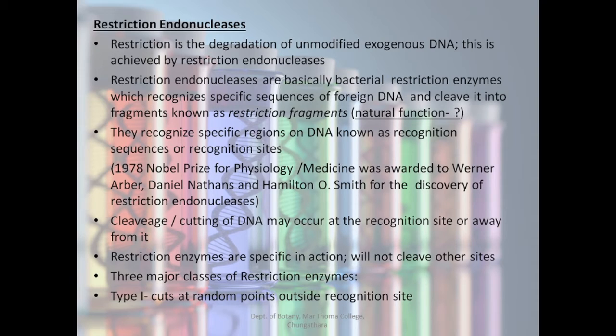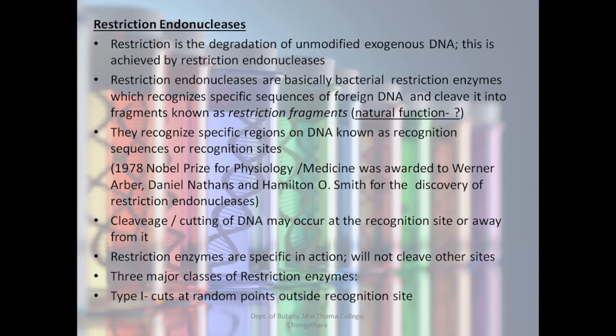So first we will describe what restriction is. Restriction is the degradation of unmodified exogenous DNA. That is, an external DNA which is not modified is being degraded, and this process is known as restriction. This is achieved by enzymes known as restriction endonucleases. These are basically bacterial in origin.